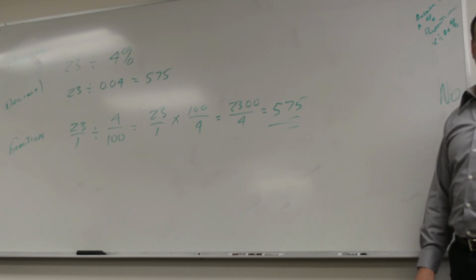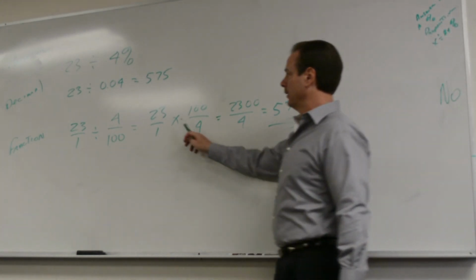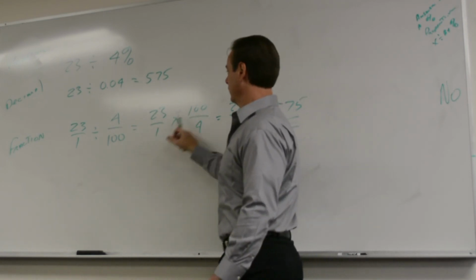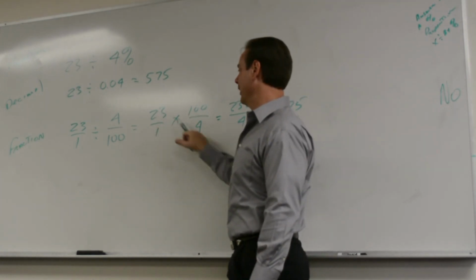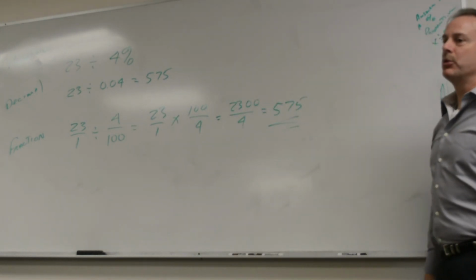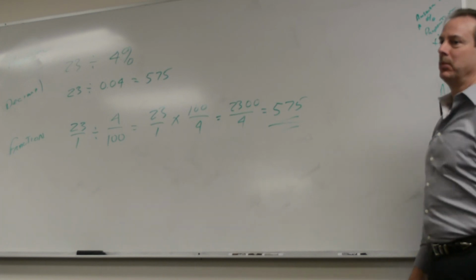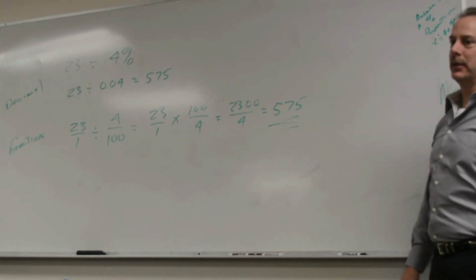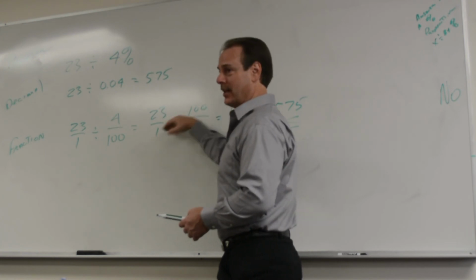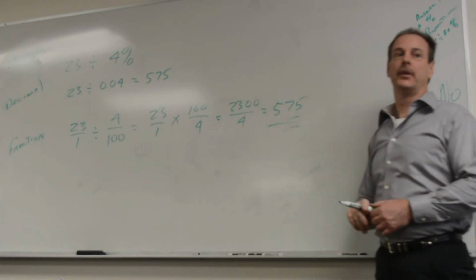You could cancel, Professor, right? Can't. 4 and 100. No, you can't cancel that way. What you did was you simplified the fraction before you multiplied. It does work, but traditionally when we're multiplying a fraction, it's on the diagonals for the canceling.